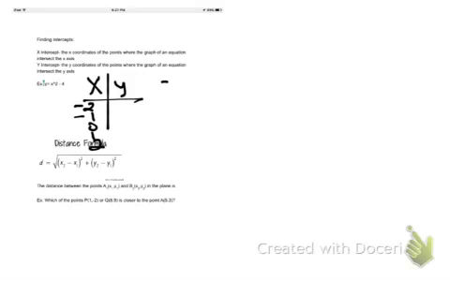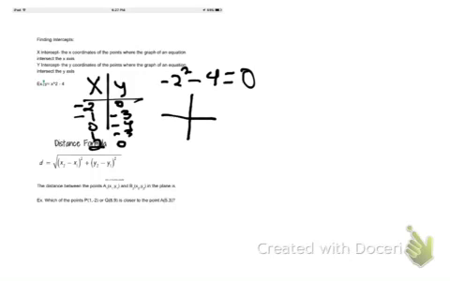So if you put -2 in for x, you get 4 minus 4, and then you would end up with 0. And you go through all the points, so it's going to be 0, -3, -4, -3, and 0.